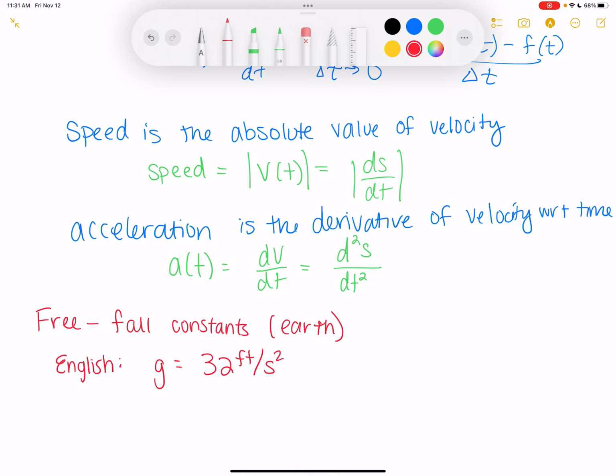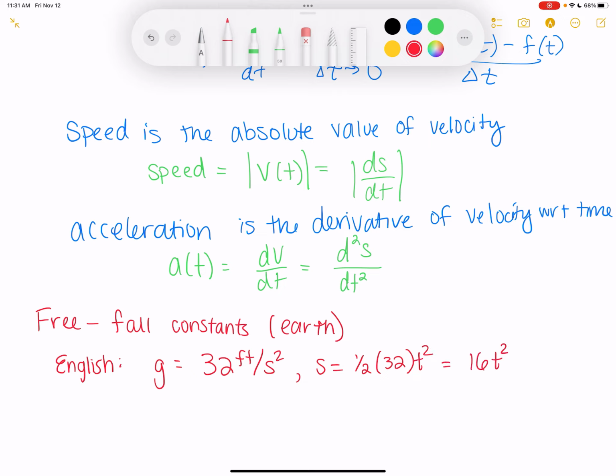And we would have s is equal to 1/2 times 32 t squared, or 16 t squared, as our position function that we're working with. s is in feet in this particular case for position.